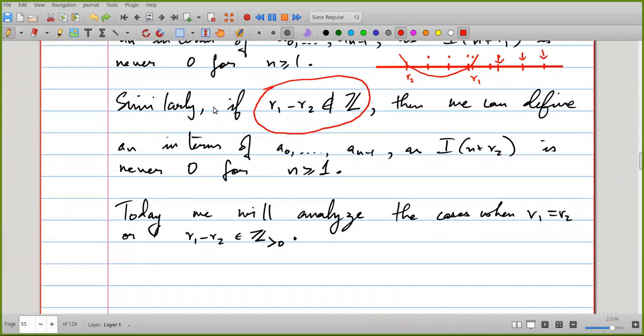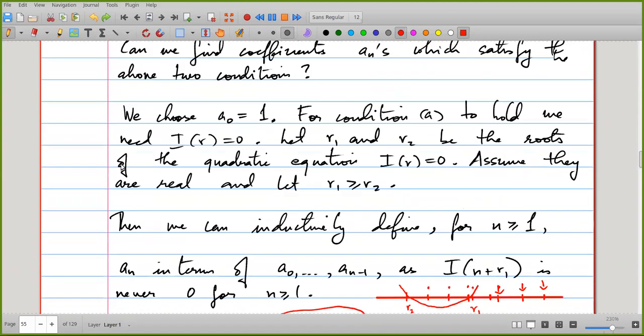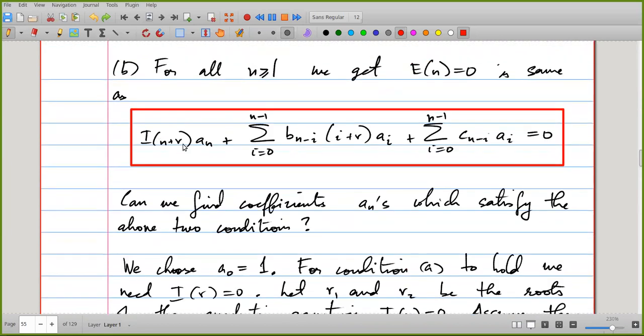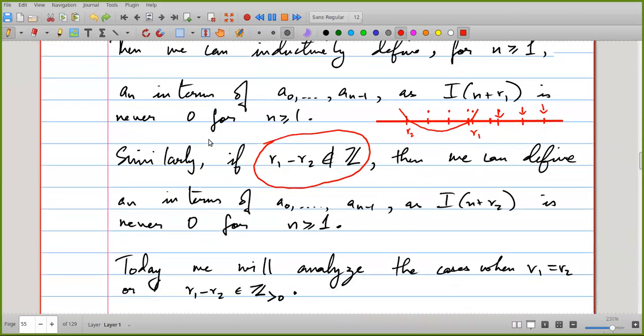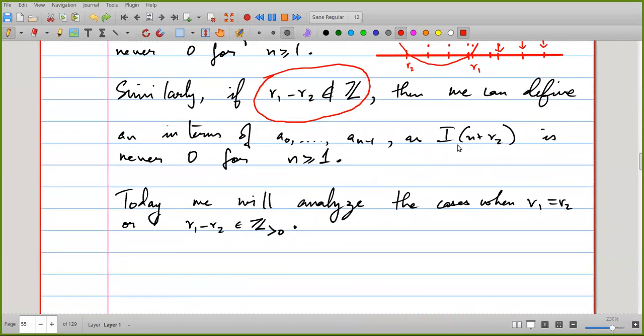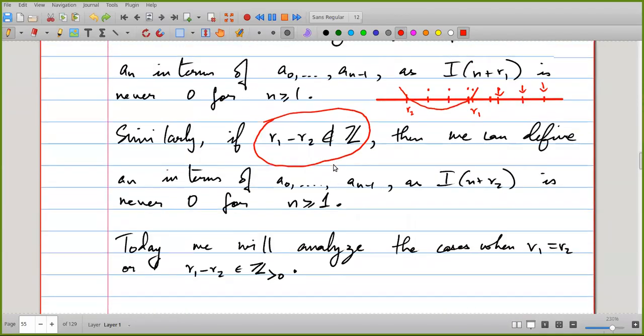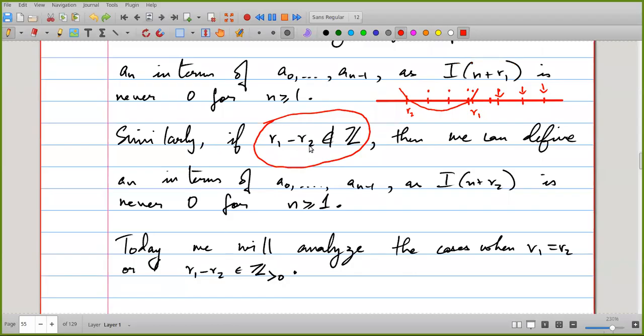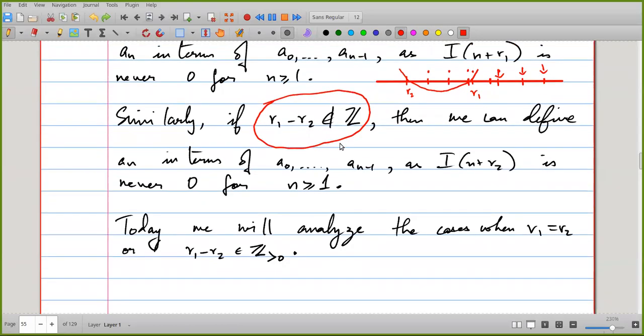That is what I've written over here. Similarly, if r1 minus r2 does not belong to the integers, then we can define another solution by just plugging in r equal to r2 into this equation, and then we inductively solve for the a_n, right? And we can do that since I of n plus r2 is never 0 for n greater than or equal to 1. So for this, we need r1 minus r2 not to be an integer.